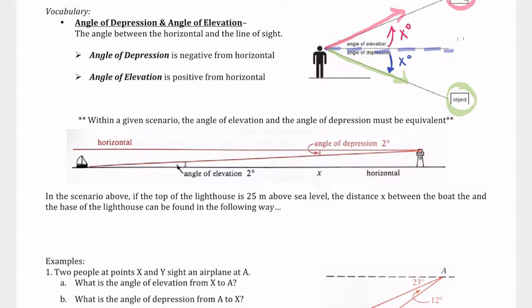So actually, before I get into this diagram, I want to show you how this all ties into our right triangles. If you draw any right triangle, let's say you just have a basic right triangle like this, you have your horizontal line along the bottom, and then this angle here would technically be an angle of elevation because it is going from horizontal upward.